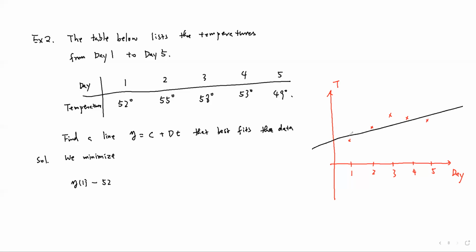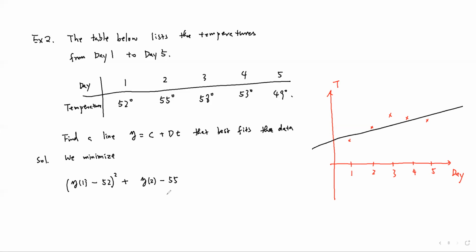To avoid cancellation, I make this positive, say take the square. Then the distance of y2 to the second data point 55.